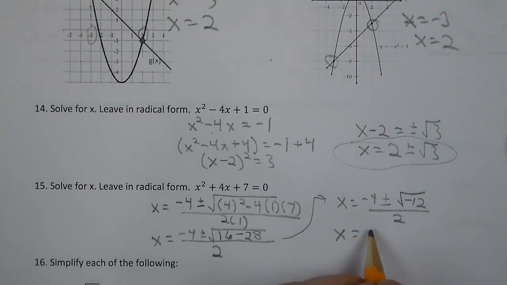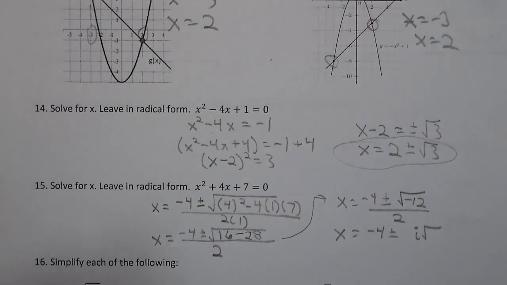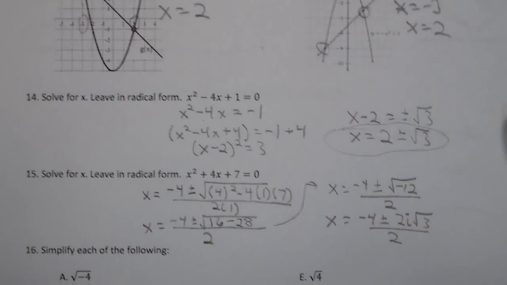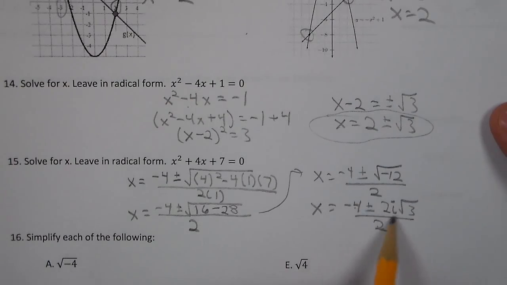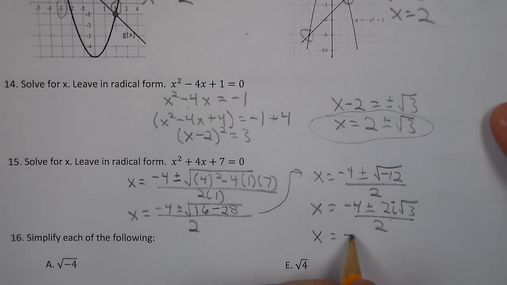We could simplify the square root of negative 12. We know it's imaginary, so an i comes out. 12 is also 4 times 3, therefore it becomes 2 root 3. And then lastly, we can reduce the 2, the 4, and the 2. They all divide, so we get negative 2 plus or minus i root 3.